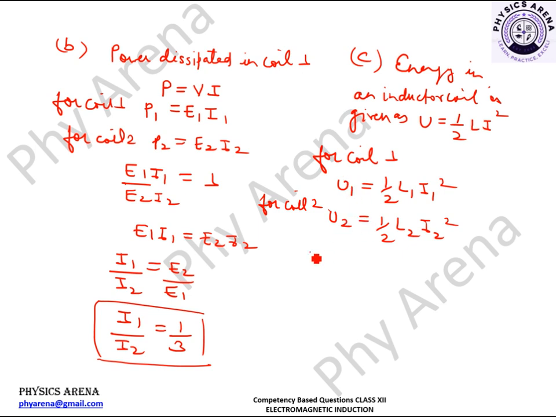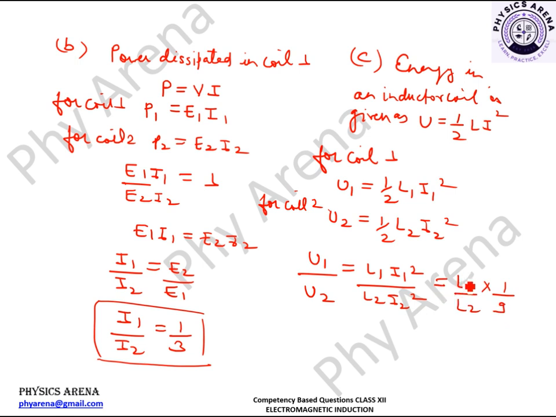And let's divide these two because we need to find the ratio of energy in coil 1 to energy in coil 2. So U1 upon U2 will be equal to, half gets cancelled out with this half, L1 I1 square divided by L2 I2 square. And I1 upon I2 we know is 1 by 3. So squaring both, we get 1 by 9. So it will be equal to L1 upon L2 multiplied by 1 by 9.